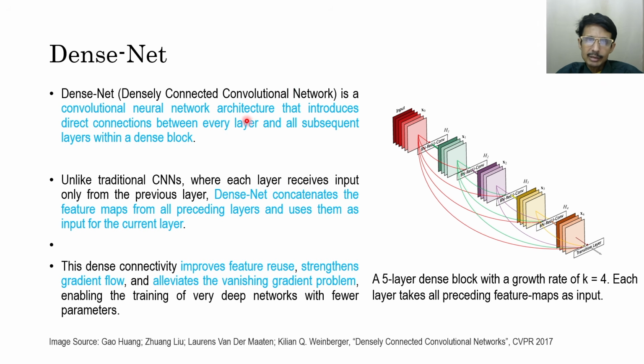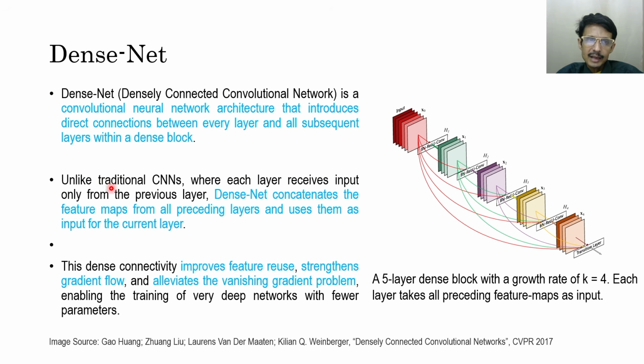It's a convolutional neural network architecture with a direct connection between every layer and all subsequent layers within a dense block. Within a dense block, this is basically the architecture. That is the way a DenseNet, or densely connected convolutional network, is separate from a conventional CNN.